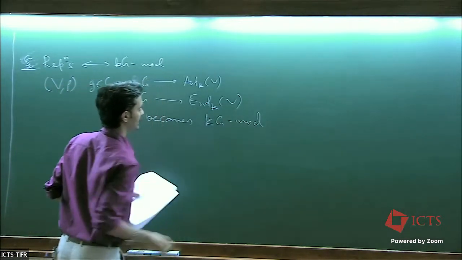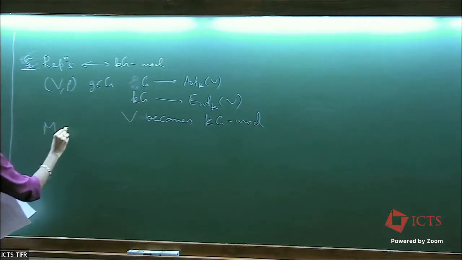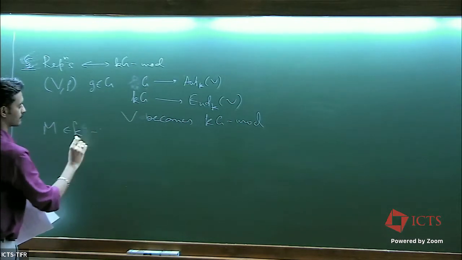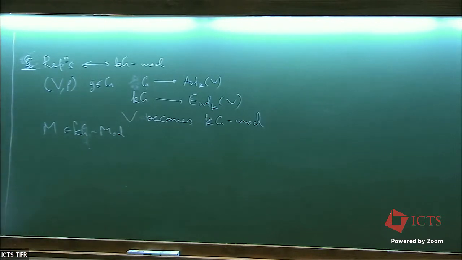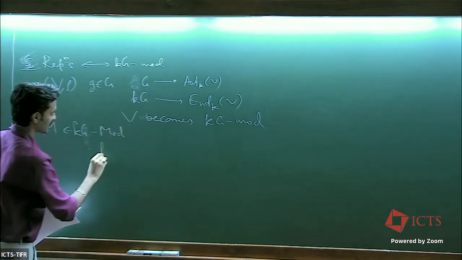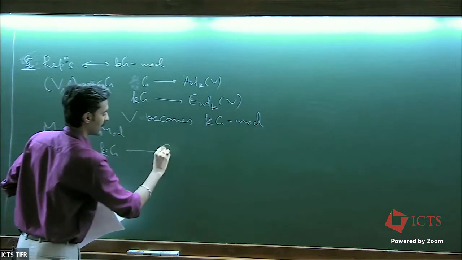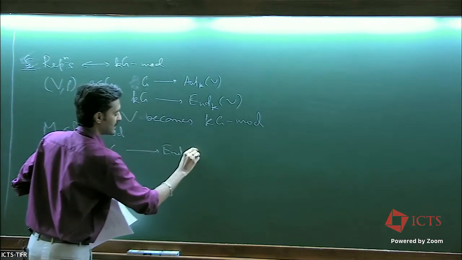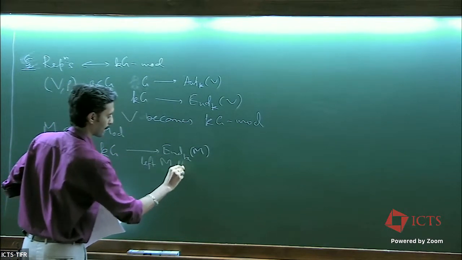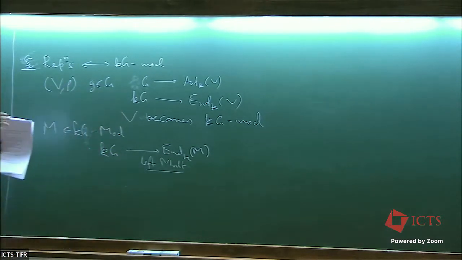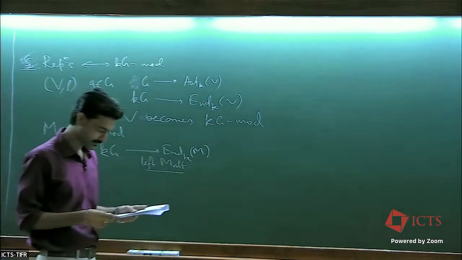On the other hand, suppose we are starting with a KG-module M. Then M is naturally a K-vector space, and we have a left multiplication which is inducing a map from KG to End_K(M). This is given by left multiplication. And then restrict it to G, since elements of G inside KG are invertible, therefore it will end up inside the automorphisms, and thus giving us a representation.